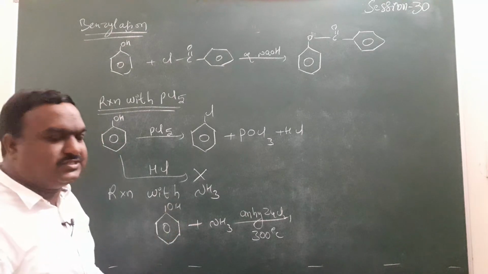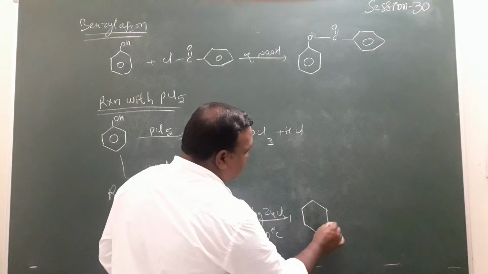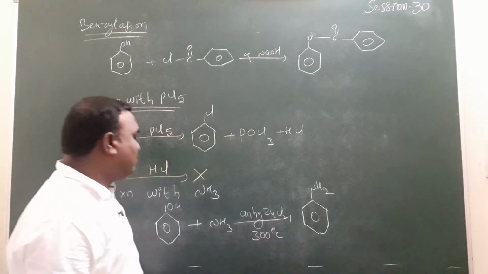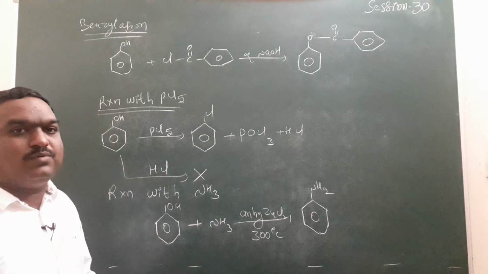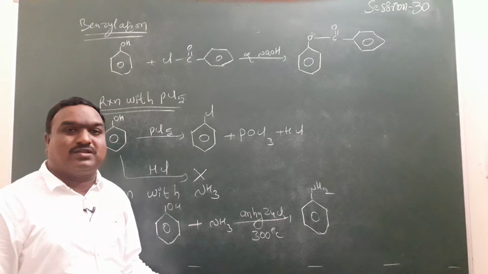C-O bond cleavage is possible. The final product, the aniline compound, is formed here. NH2, the aniline compound, is formed here. This reaction is generally called the Bucherer reaction.